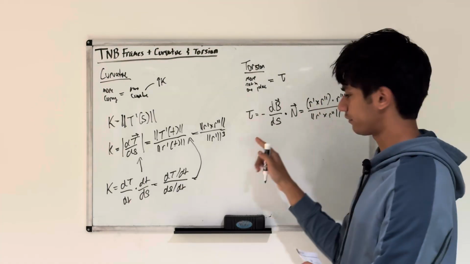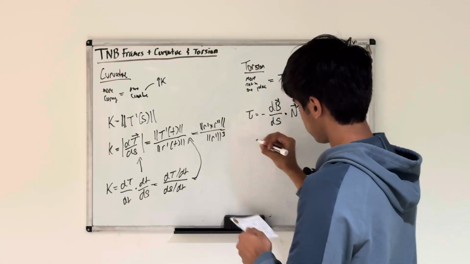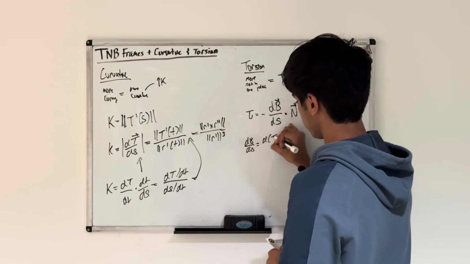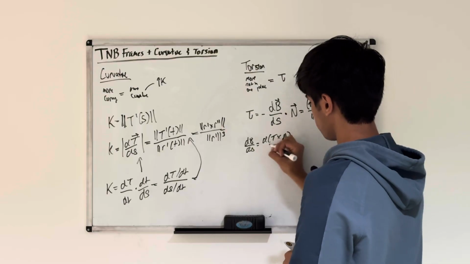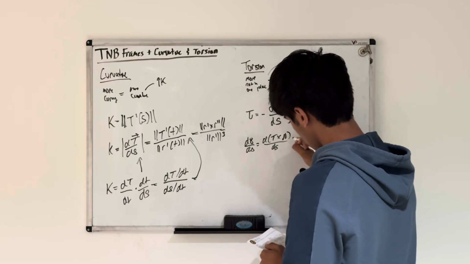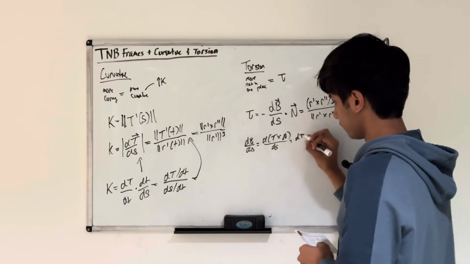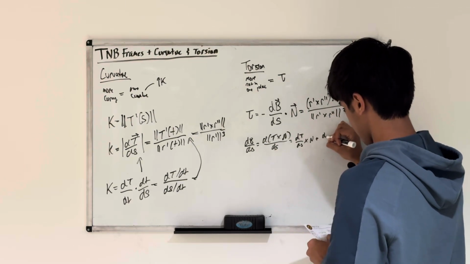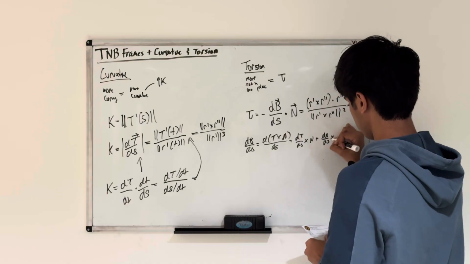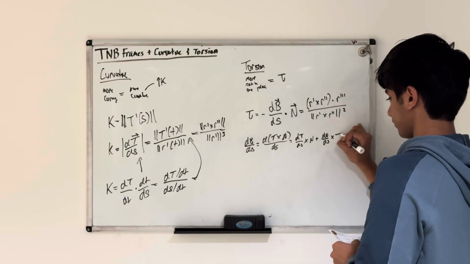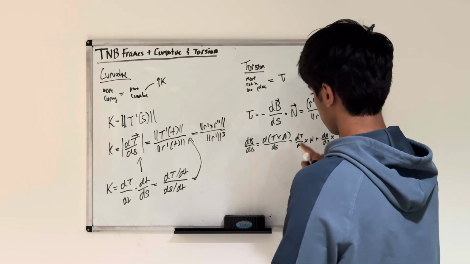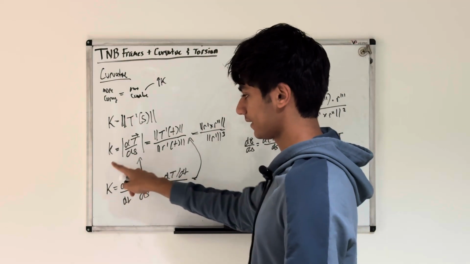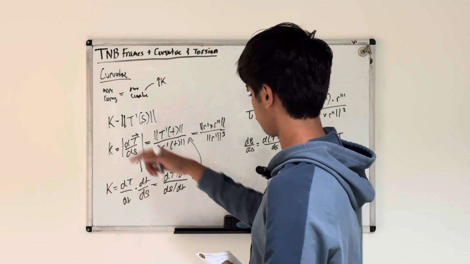And let's go over a quick reason why this is true. If we consider that dB over ds is equal to the derivative of the cross of tangent and normal with respect to s, we know by product rule that this equals dT over ds cross N plus dN over ds cross T. And we know that the magnitude of dT over ds equals kappa, or curvature.